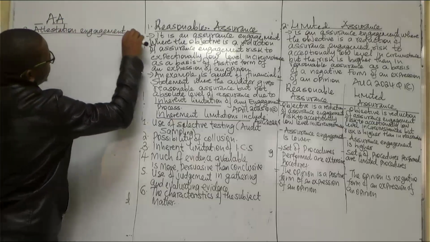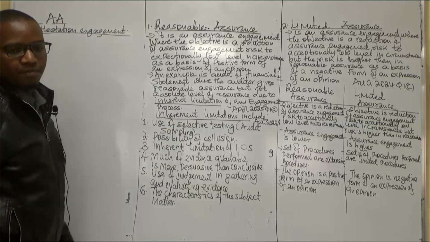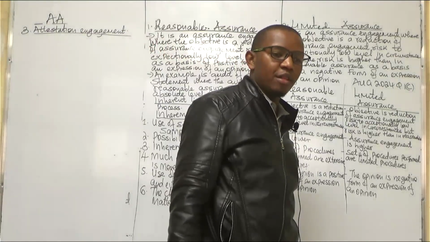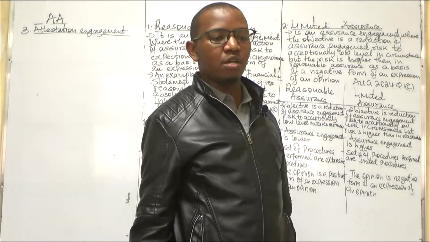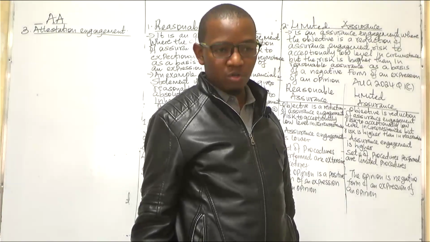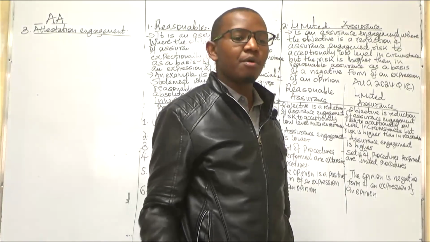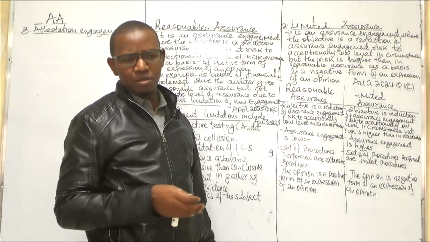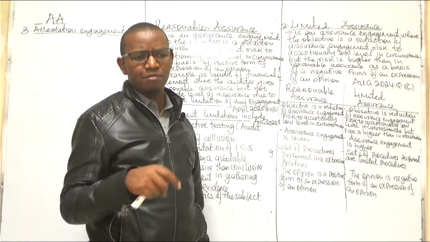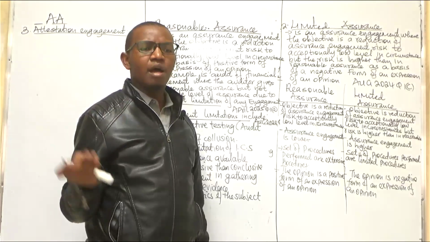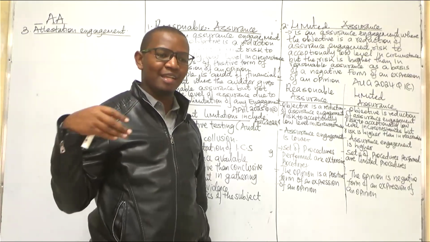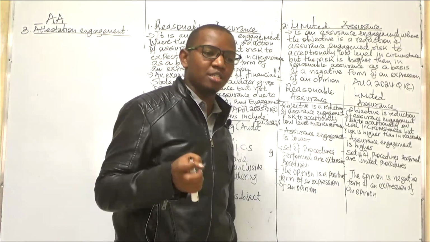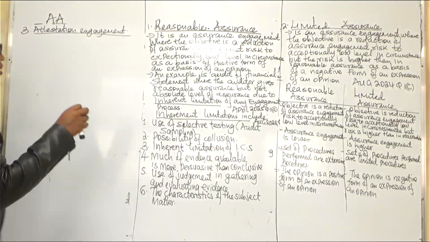Attestation engagement is where an auditor is engaged to clear whether a given assertion is correct or not correct. When I talk about an assertion, we are talking about the claim. If the organization is telling you that this is the motor vehicle and it belongs to them, how can you ascertain that this is their motor vehicle? Those are what we call the attestation engagement.